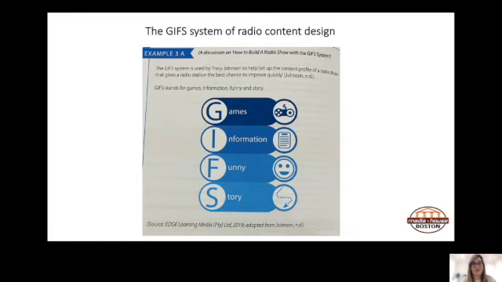So GIF stands for Games, Information, Funny, and Story, hence GIFs. GIFs is a system that radio presenters and producers can use to create and program their content so that their personalities stand out. If we start with G there for games, games is a big part of our lives.